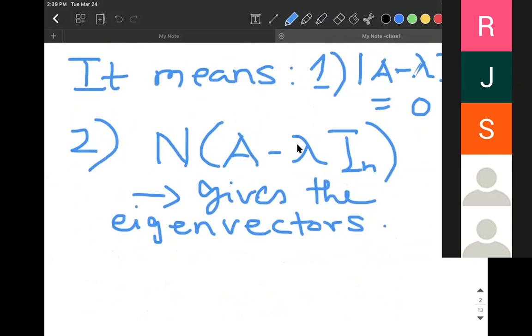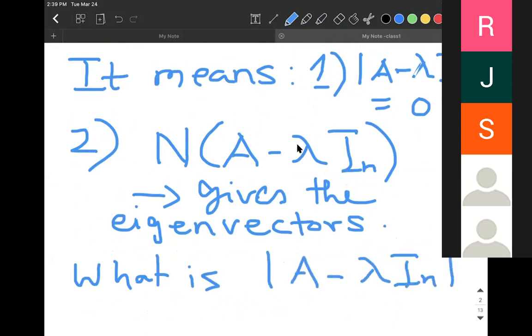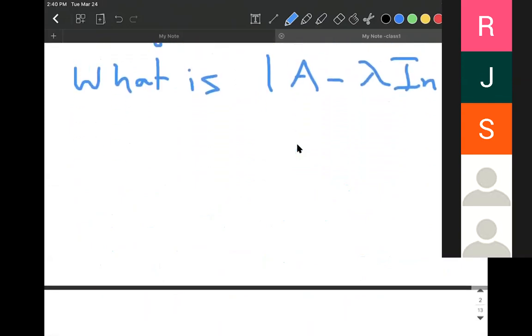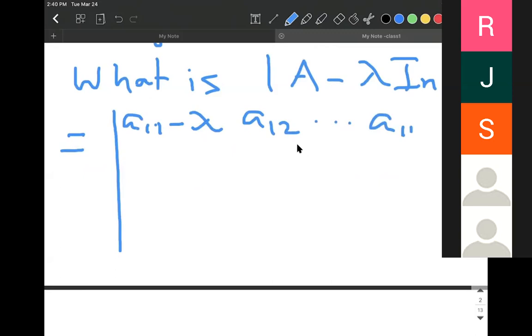Now, what is this determinant? For an n cross n matrix, it gives you something like this: A11 minus lambda, A12, up to A1n, down to An1, and Ann minus lambda.